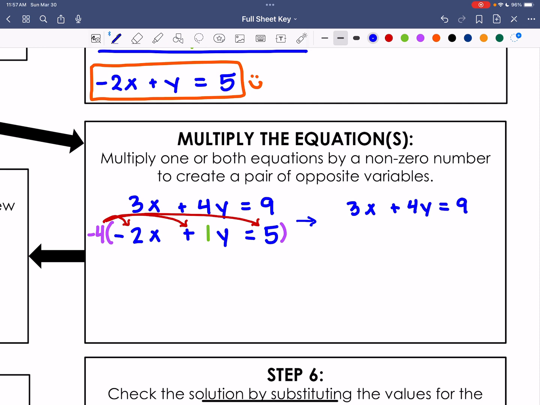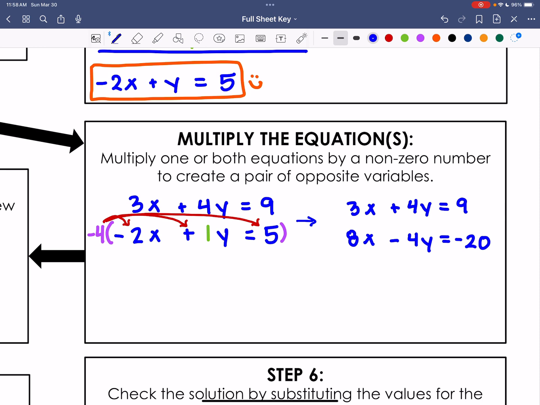And then multiplying every single term of the bottom equation by negative 4, well, negative 4 times negative 2x will give us positive 8x. Negative 4 times 1y gives us negative 4y. And then don't forget about the constant on the other side. Negative 4 times 5 equals negative 20.